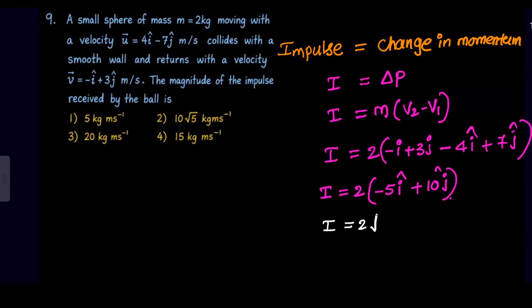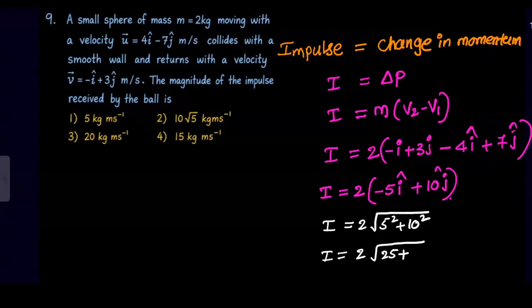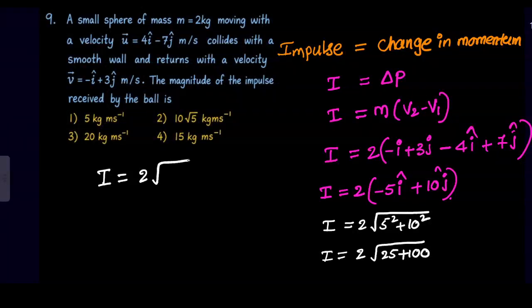Right, 2 into this. We'll find the magnitude now. So this is 5 square plus 10 square. So this I value will come to 2 into 25 plus 100, which is 2 into root 125. 125 is 25 into 5, so we write it that way. Root 25 means 5, so 5 will come outside. 5 into 2 is 10.